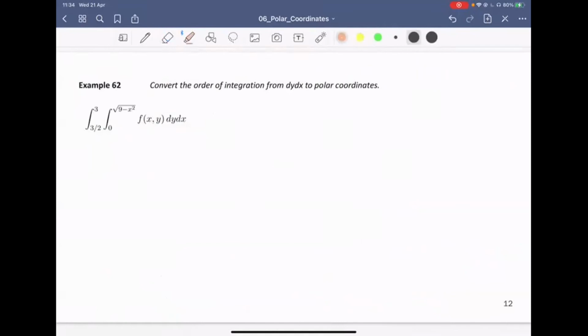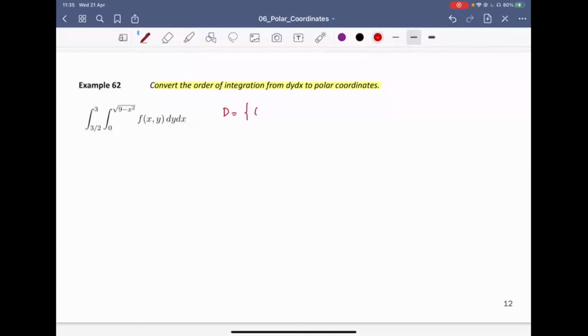Well, we're going to convert the order of integration to polar coordinates. All right, so here again, you have to transform this thing to the picture first. All right, let's do it.